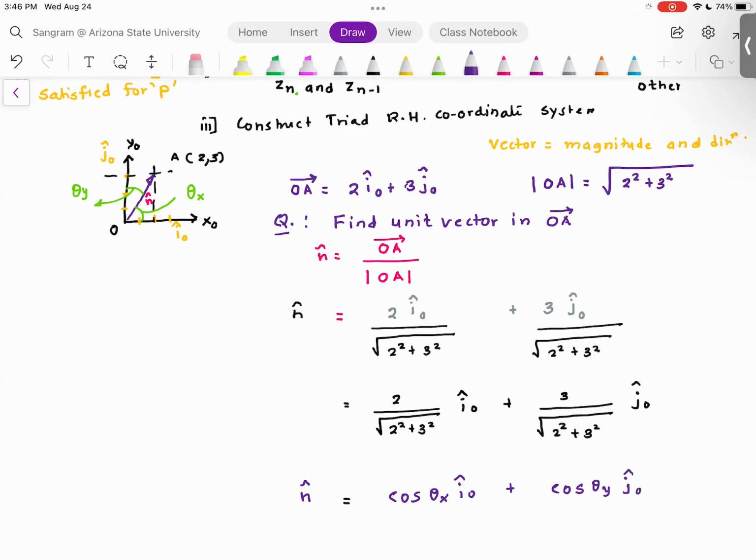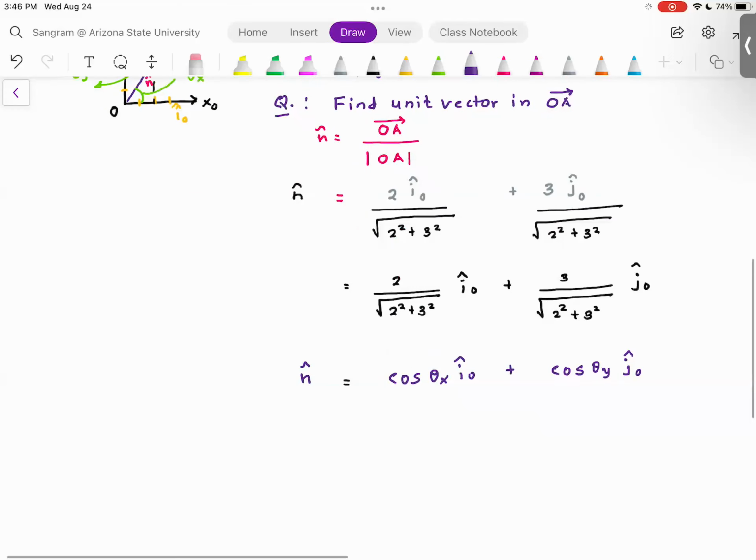And in case you are wondering what this is, it is called the direction cosine.